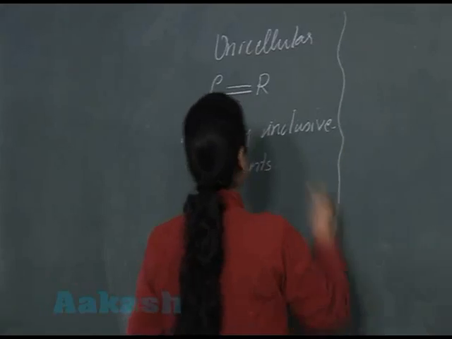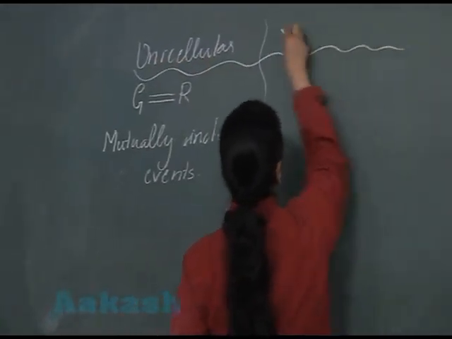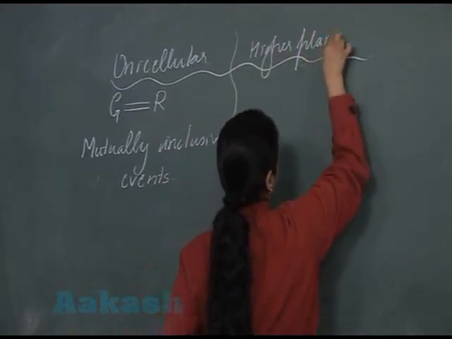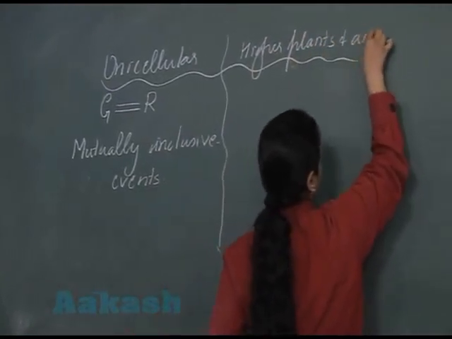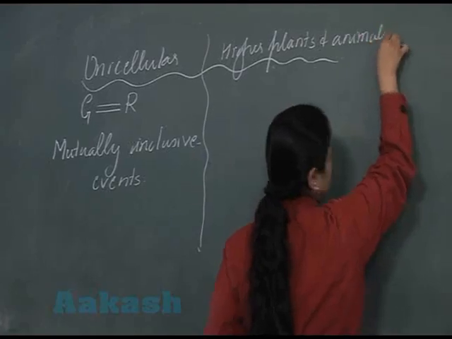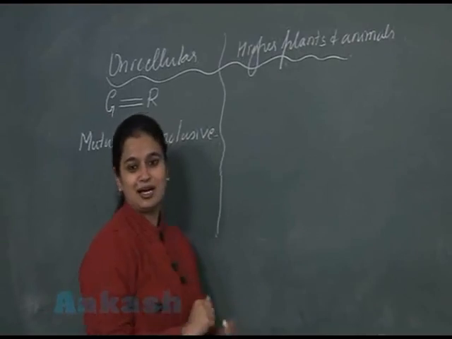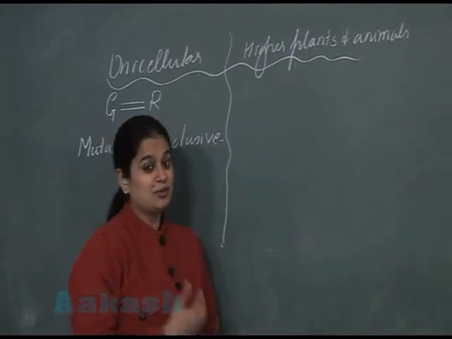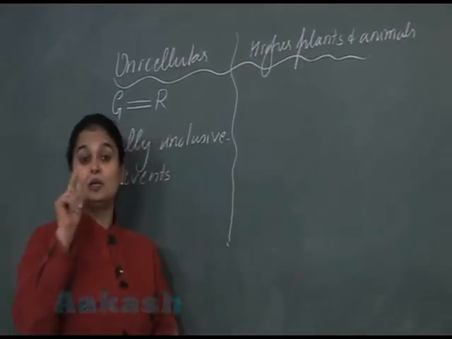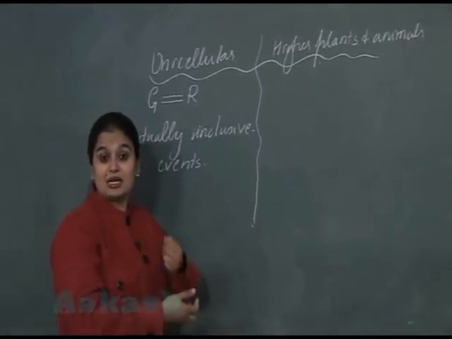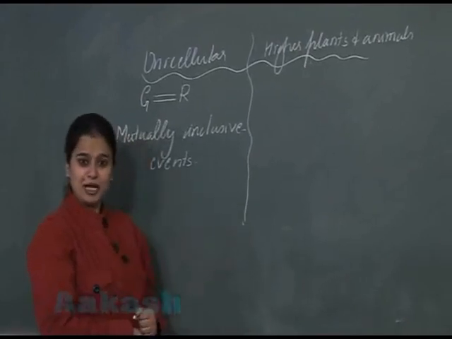Now coming to higher plants and animals. Higher plants and animals are multicellular. It means now the cell division will only result in growth. It cannot be accompanied by reproduction.